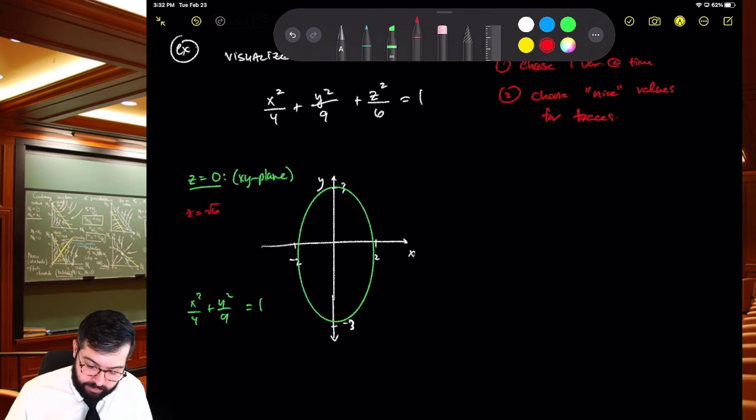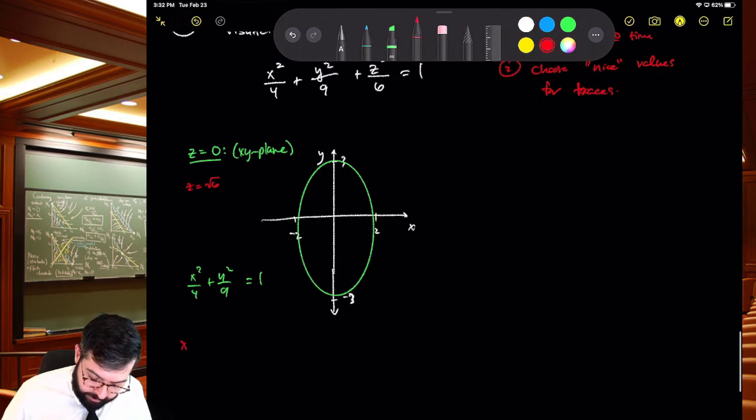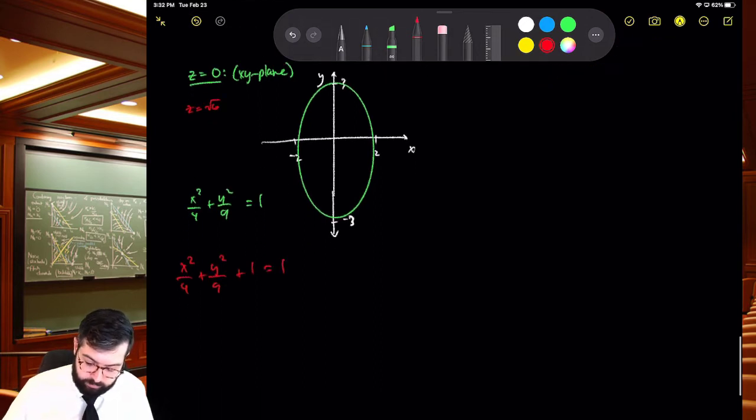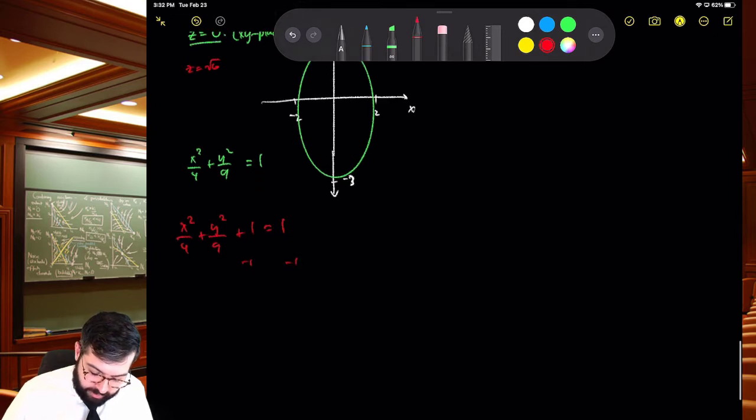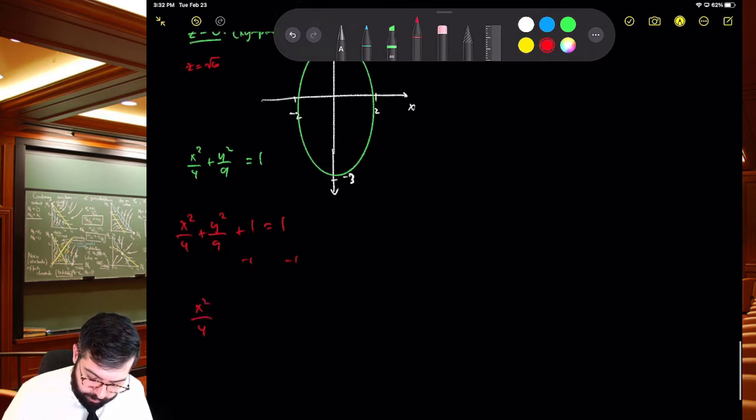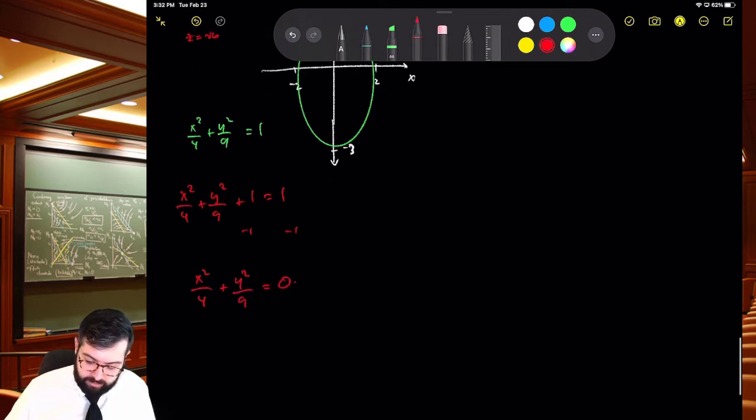So if z is radical 6, then this thing becomes 6 over 6 and reduces to 1. And so we get x squared over 4 plus y squared over 9 plus 1 equals 1. And so when we subtract 1 from both sides, we get x squared over 4 plus y squared over 9 equals 0. So this isn't the nicest thing in the world.